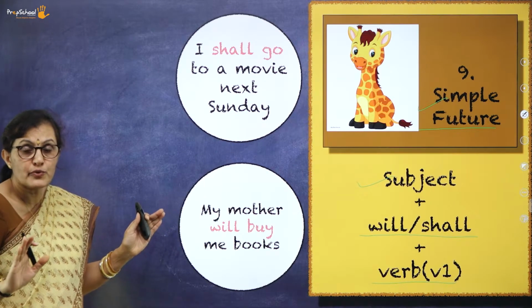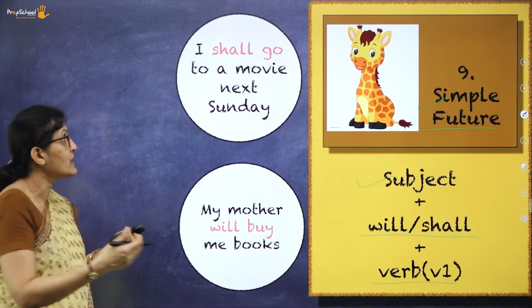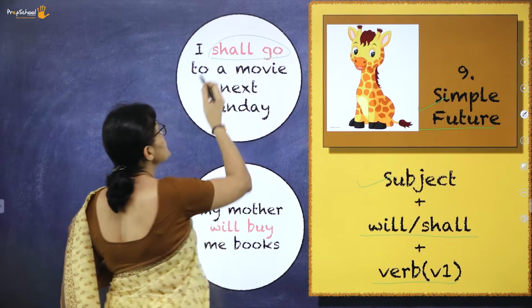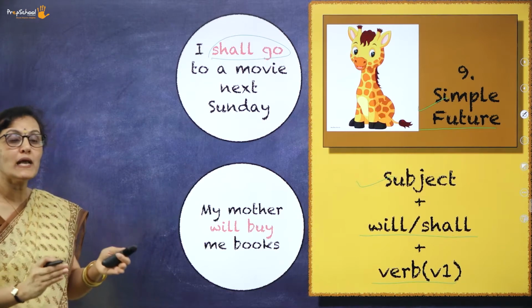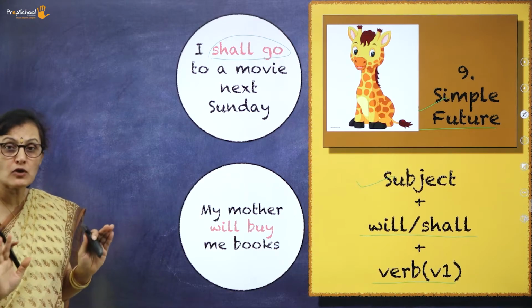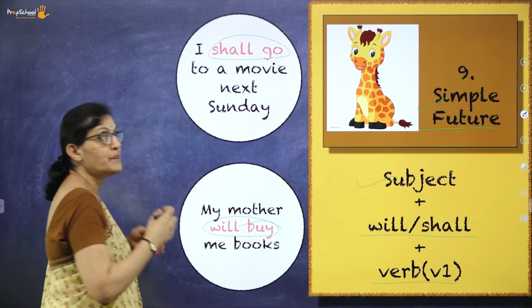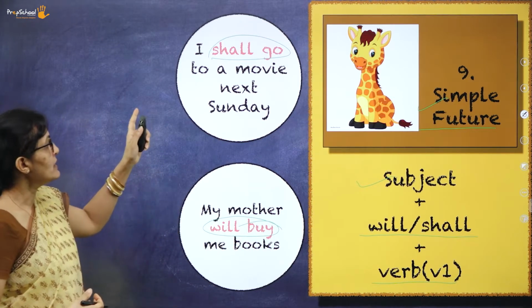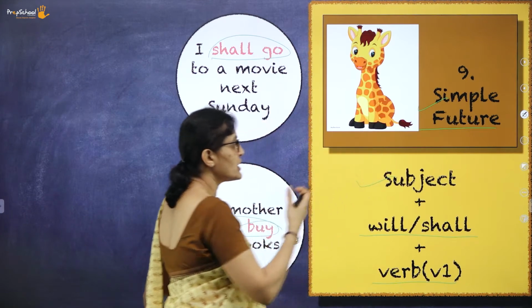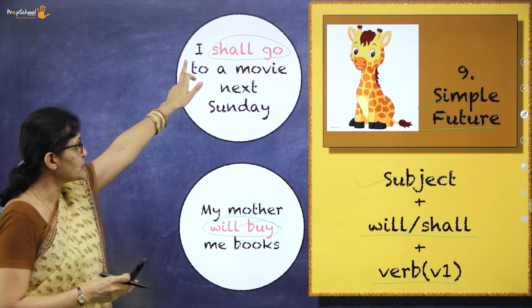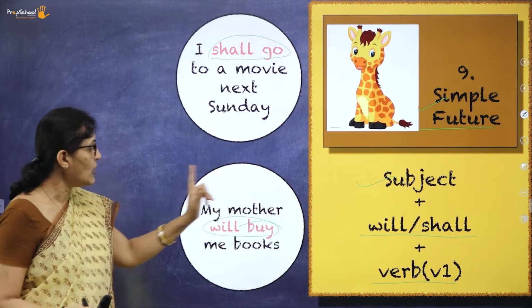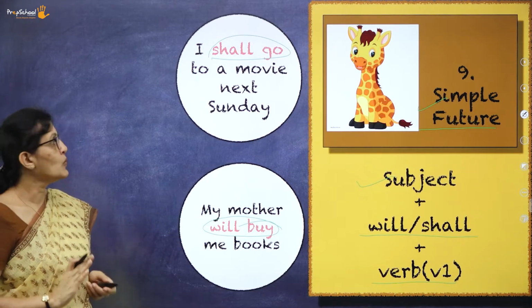I have not gone to the movie. I shall go. So that is simple. My mother will buy me books. She has not bought me. She is going to buy me. So it is simple future tense. Simple future tense will have the subject followed by will or shall plus the verb form.